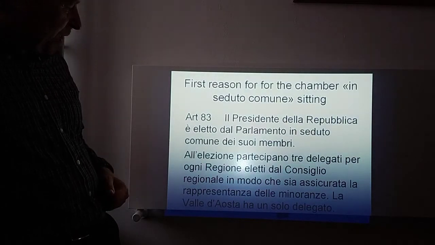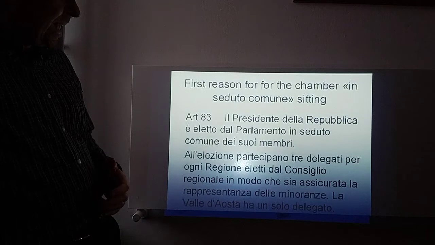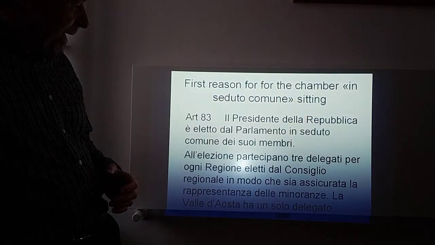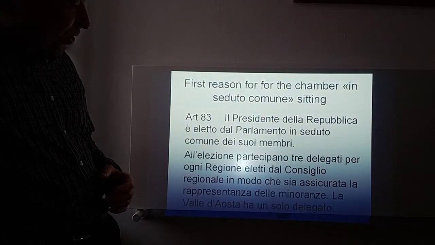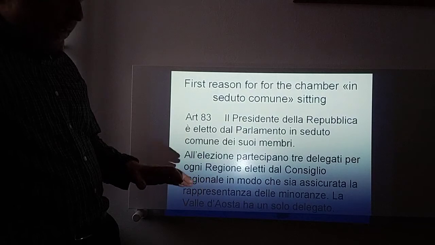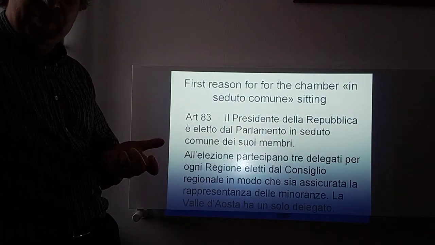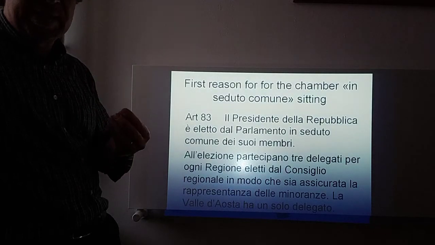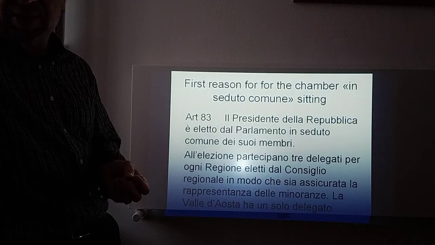Then it continues: alle elezioni partecipano 3 delegati per ogni regione eletti dal Consiglio regionale in modo che sia assicurata la rappresentanza della minoranza. You've got to remember, when we're talking about electing the President of a Republic, we want unity. The President of the Republic represents unity, he's the head of state.